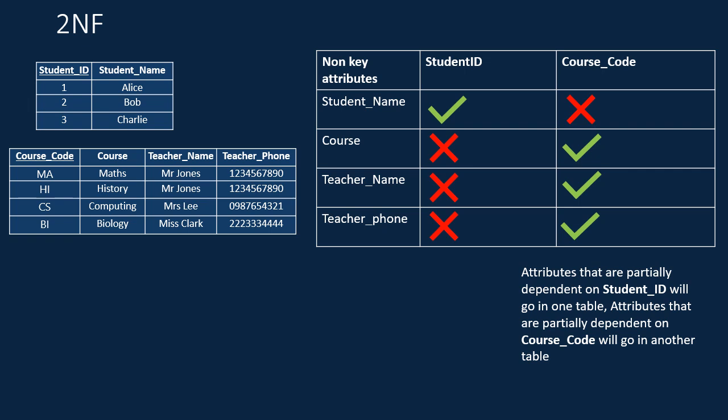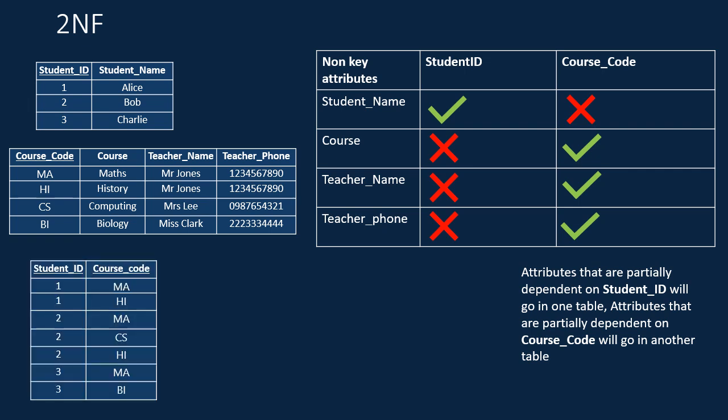So we've now created two tables, and we've taken all those attributes out of our original table, and all we're left with in our original table is student ID and course code. So that now is our database in second normal form.